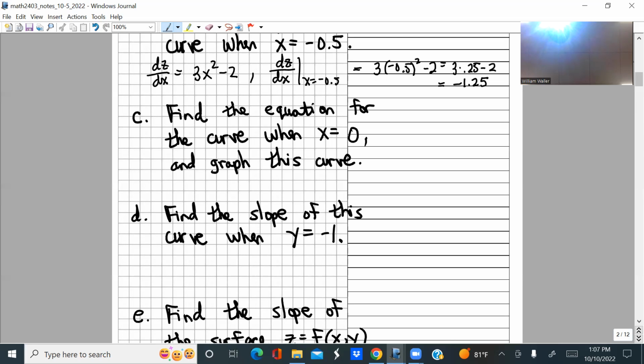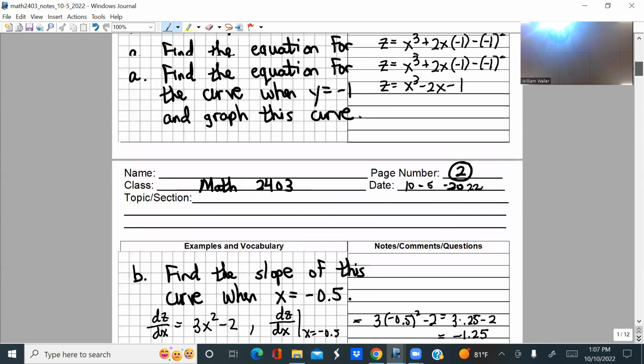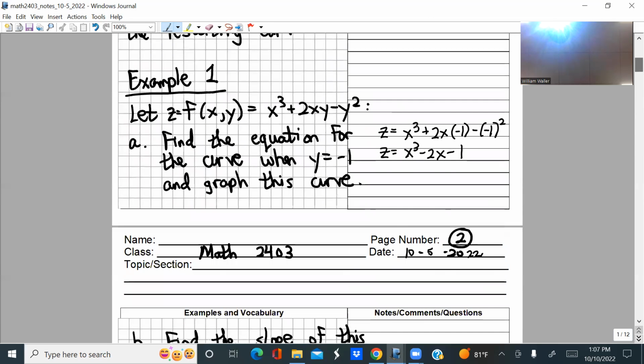Do you want me to show you the formula again? Here's the formula. So what curve do you get when you set x to 0? It's really easy. And what's the slope of that curve at y equal minus 1? We're not setting y to a constant, so y can vary.